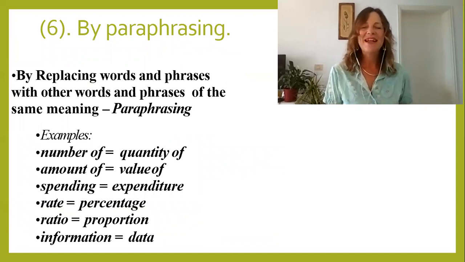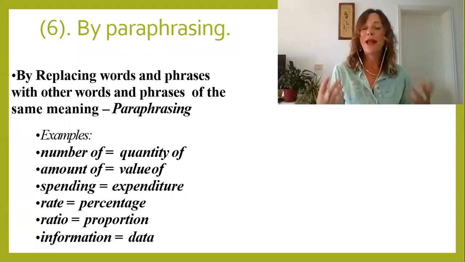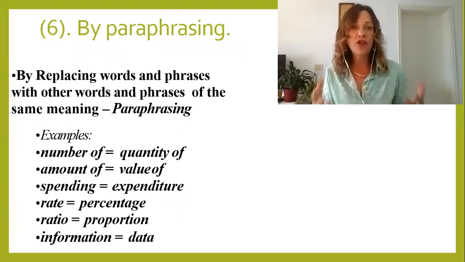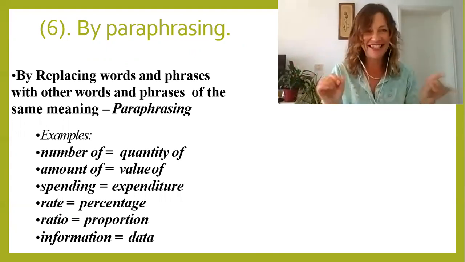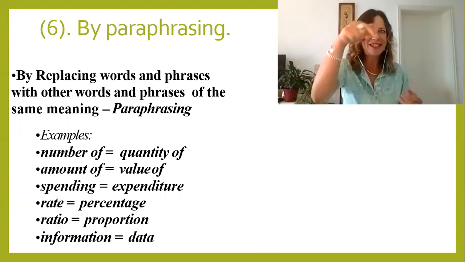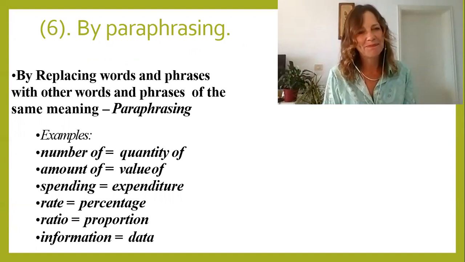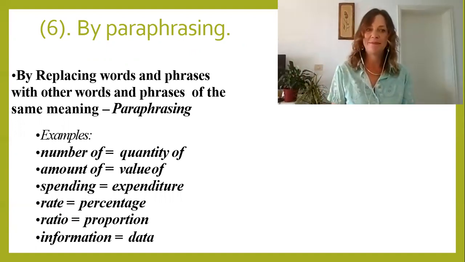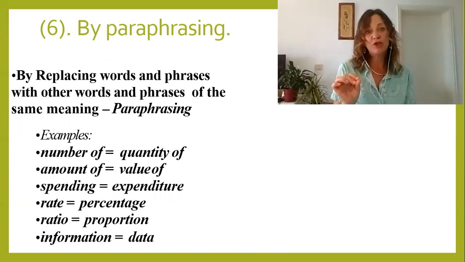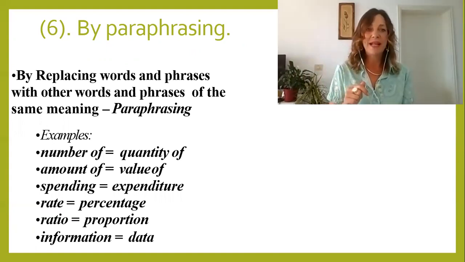And again, you do need to think about paraphrasing. So replace words or phrases with other words and phrases of the same meaning. That's what paraphrasing means. So for example, let's read together the examples. Number of could be quantity of. Amount of could be value of.